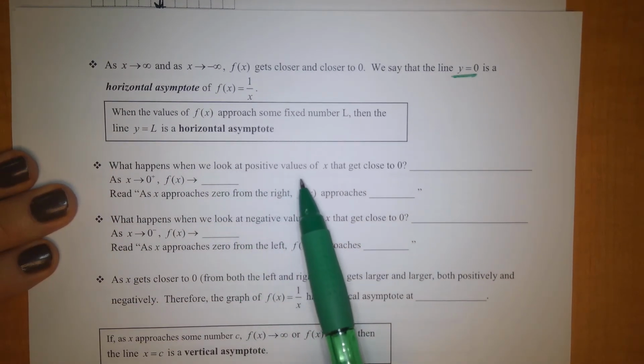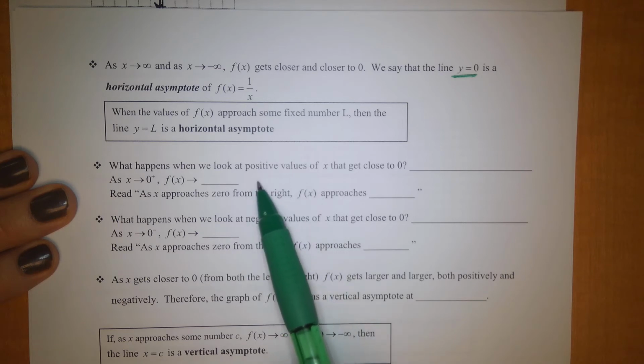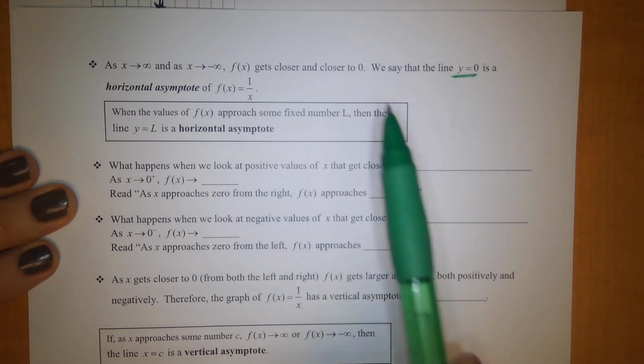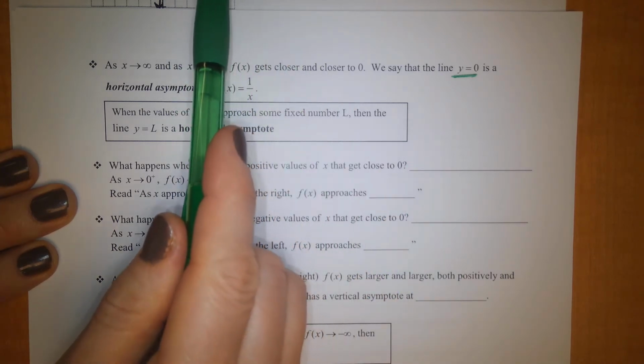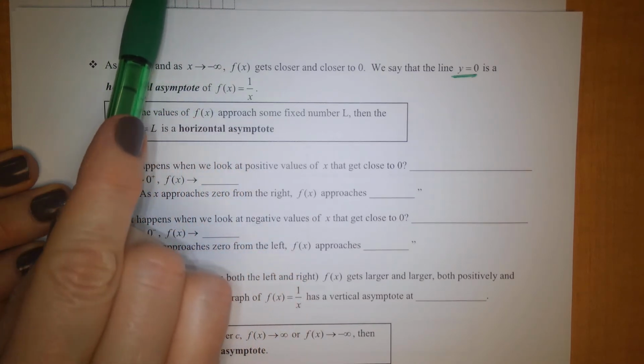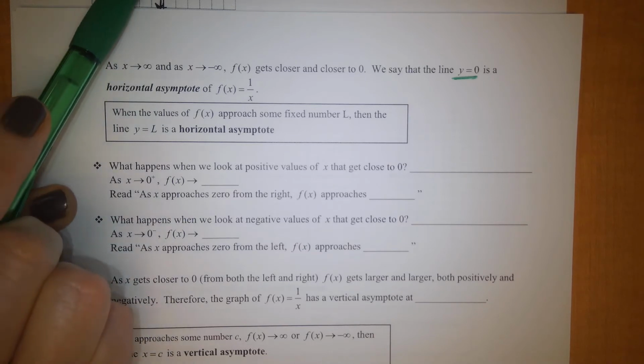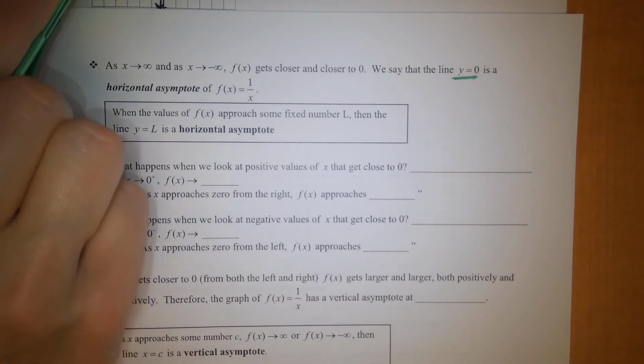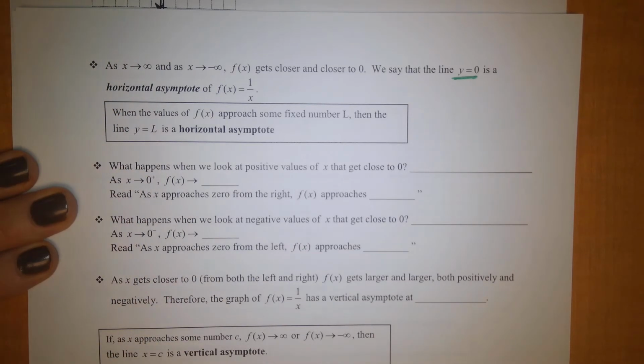So what happens when we look at the positive values of x that get close to 0? So as x starts to approach 0, what's happening? X is getting closer and closer and closer to 0. The value of y is getting bigger and bigger and bigger.